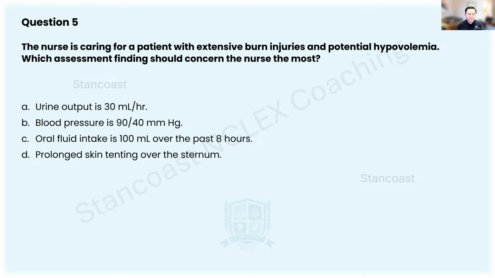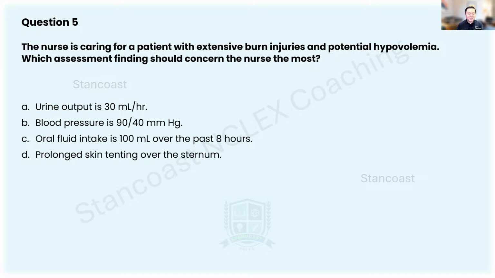Oh boy. Hypovolemia, don't forget. Don't get confused. What would you prioritize this time? And remember about the calculation? Try to calculate the MAP this time. What is the MAP in this patient?